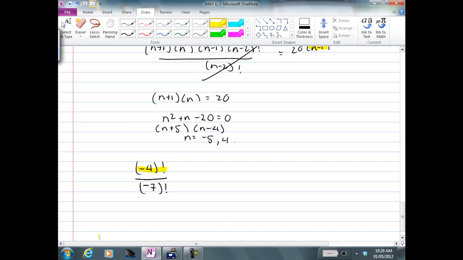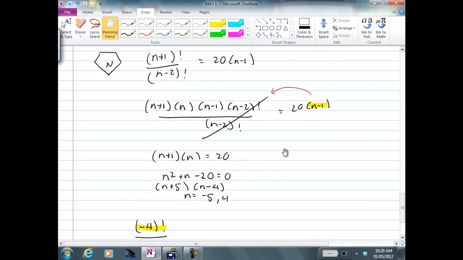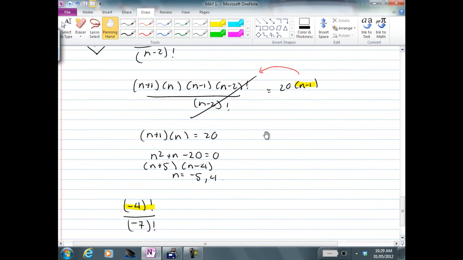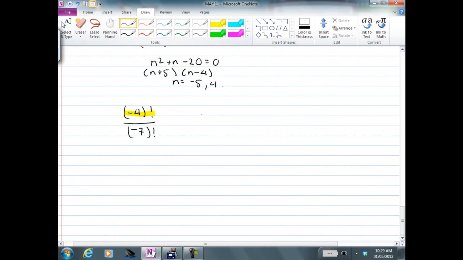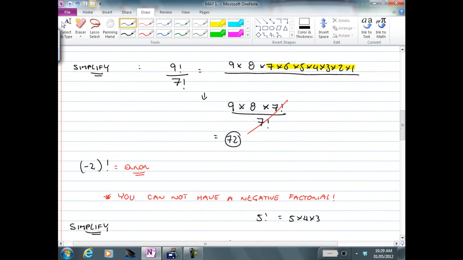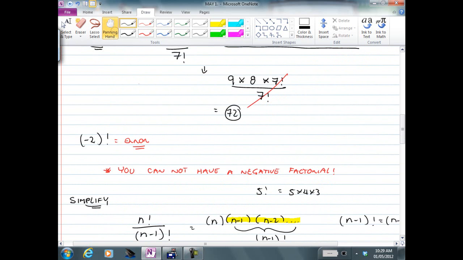So cancel negative 5. Your only answer is n equals 4. This is the trick behind this question, and it goes back to what I said before: you cannot have a negative factorial. A lot of people don't realize that, and they try to crunch it in and get the wrong answer.